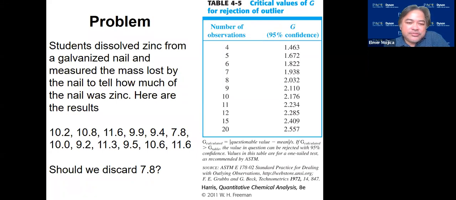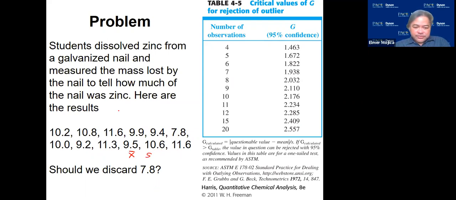Students dissolve zinc from a galvanized nail and measure the mass lost by the nail to tell how much of the nail was zinc. Here are the results: 10.2, 10.8, 11.6, 9.9, 9.4, 7.8, 10.0, 9.2, 11.3, 9.5, 10.6, and 11.6. What you need to do is get that value.